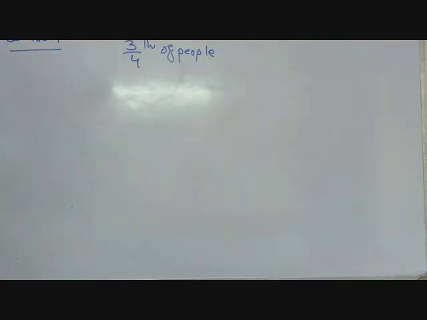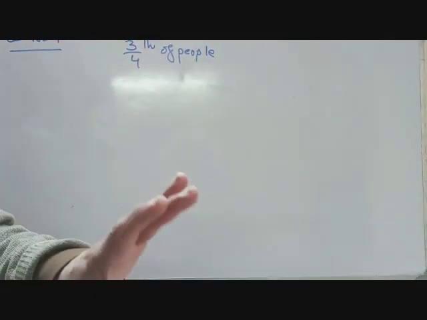Some bought machines, some bought kitchen utensils, some bought furniture. All of them sum up to three-fourths of the total number.